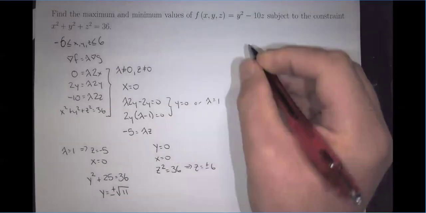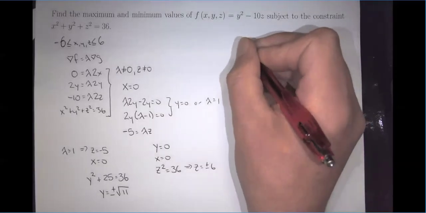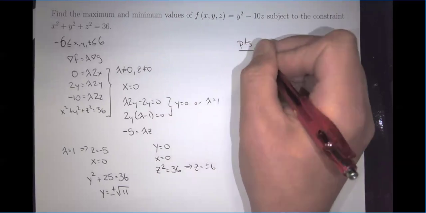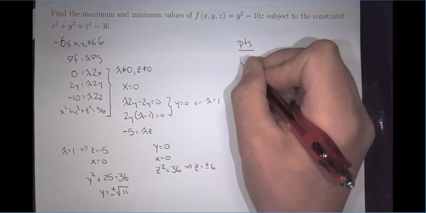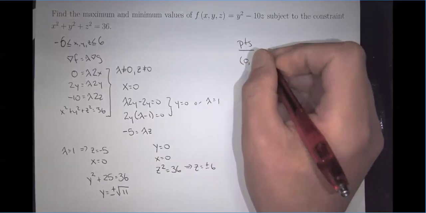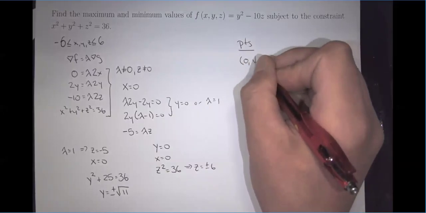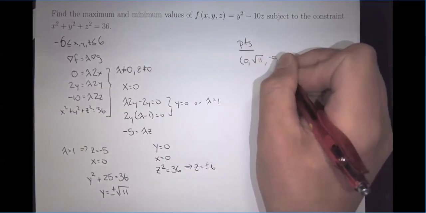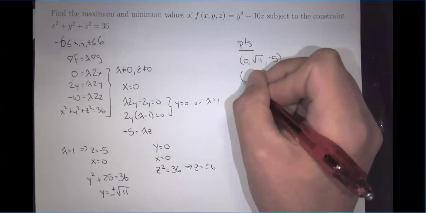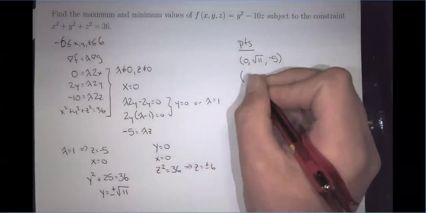So our possible solutions are: x equals 0, y equals root 11, z equals -5. That's our first one here.